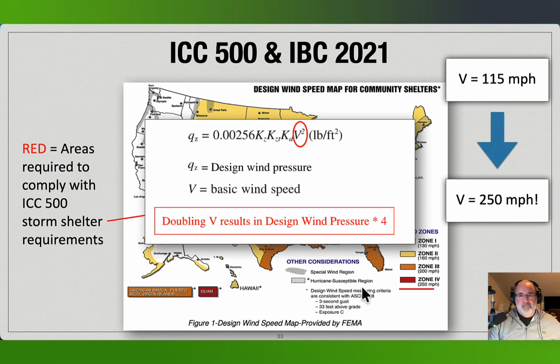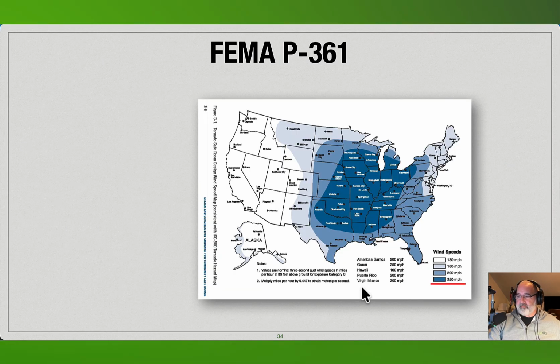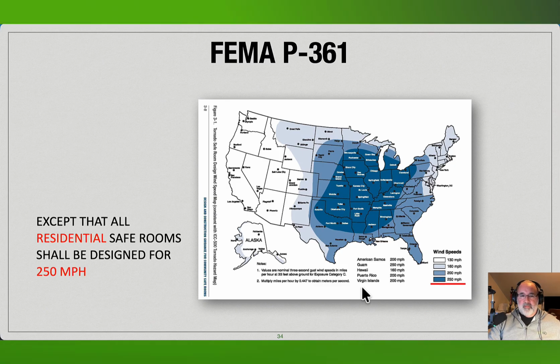We're really dealing with 4 times the pressure loads on our structures when we're trying to design for shelters. That's fairly significant. Looking at the FEMA document, residential safe rooms shall be designed for 250 miles per hour as well.